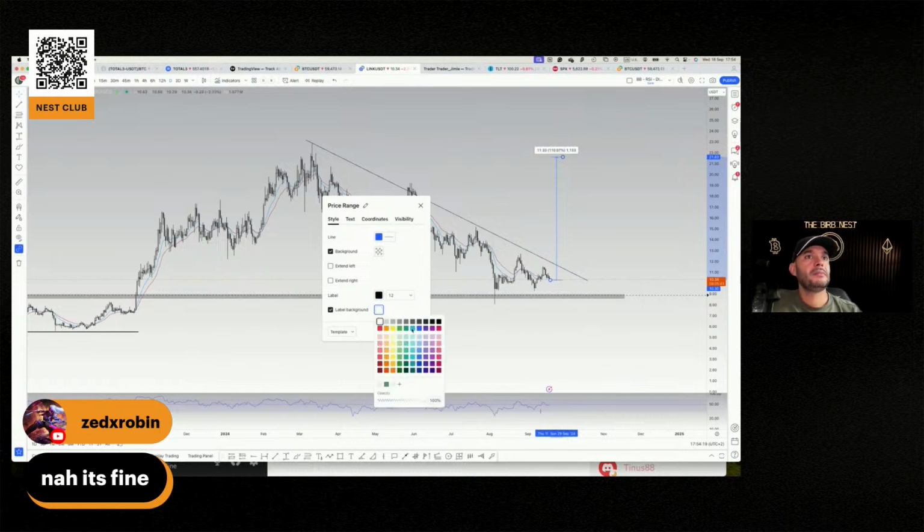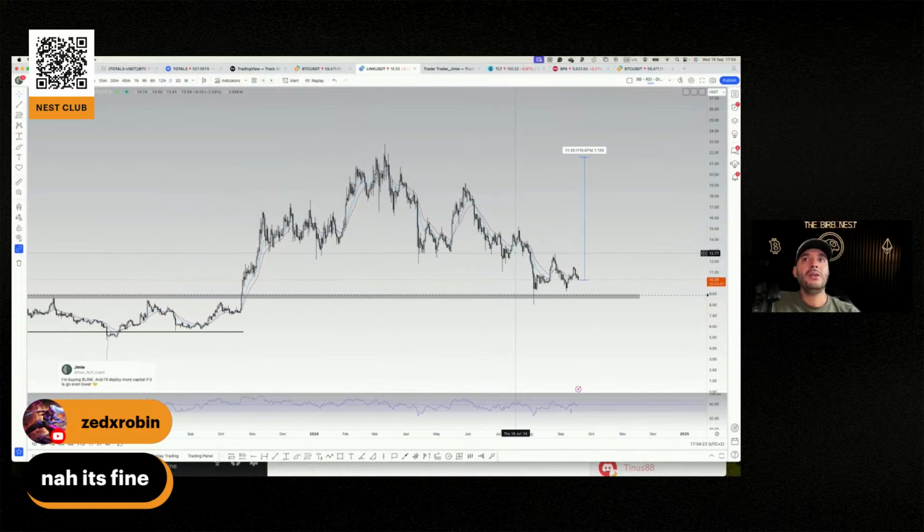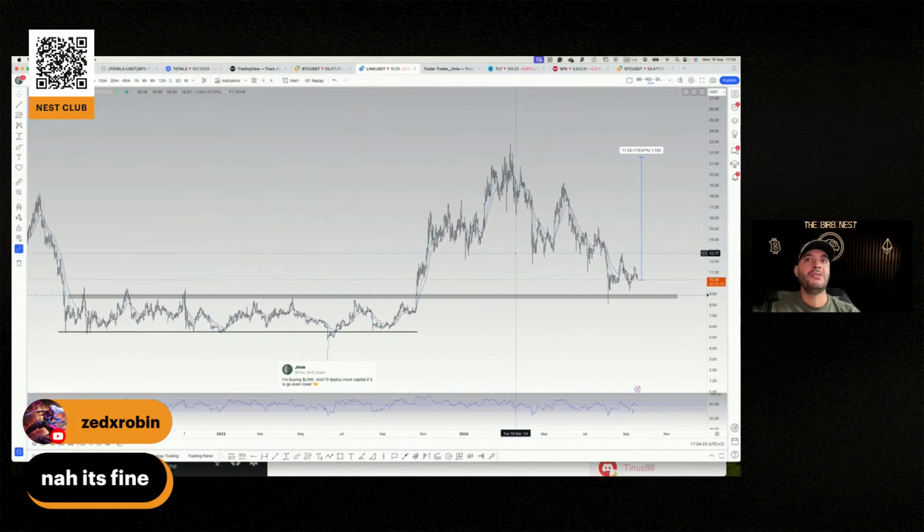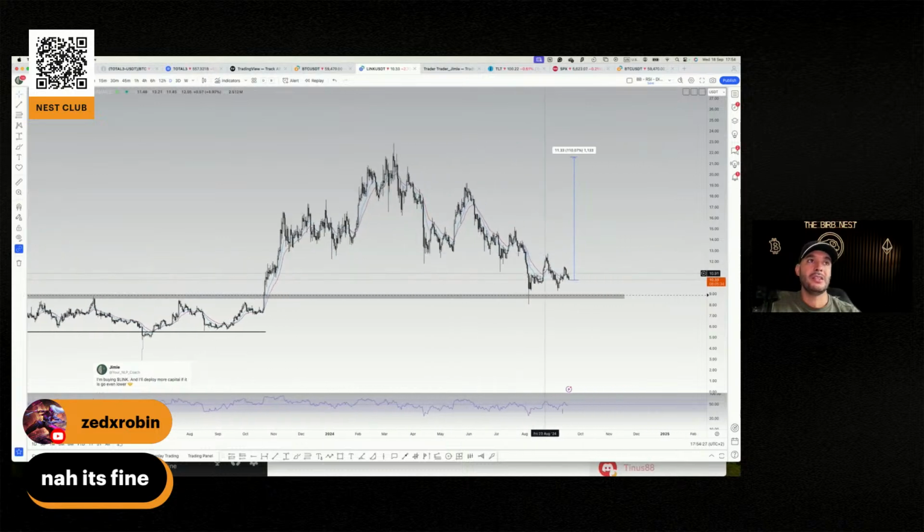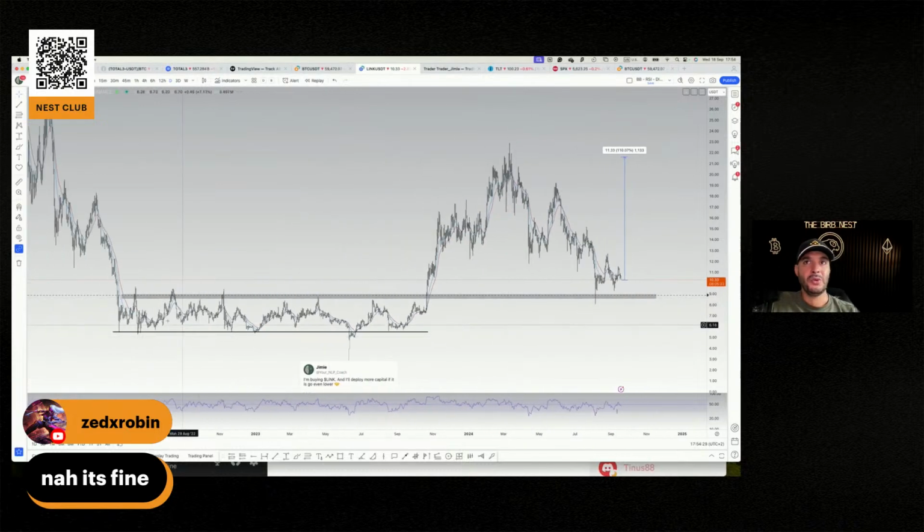Mm, no. So when would I be interested in Link? If I want to scale into Link, it's in this green zone. This was a multi-year consolidation phase. 520 days. That's a lot of months consolidating here.